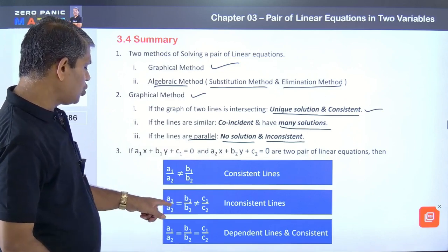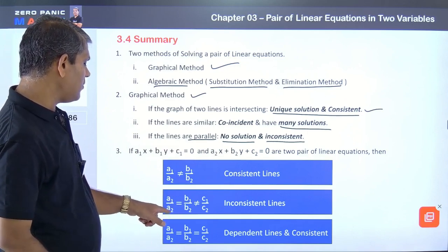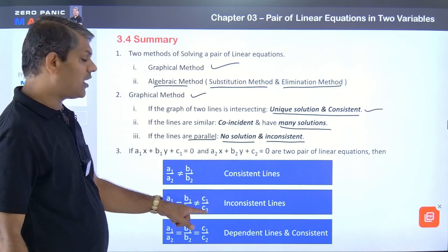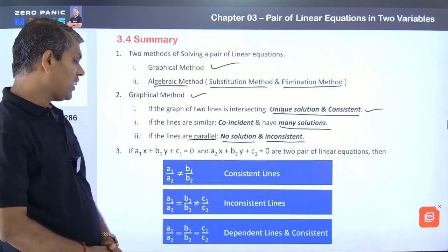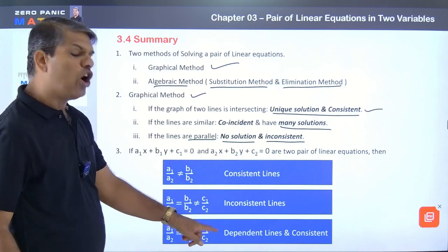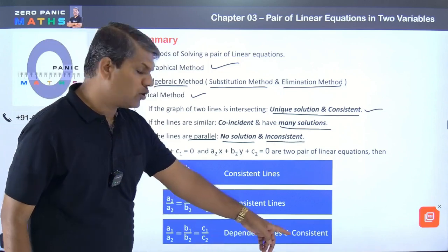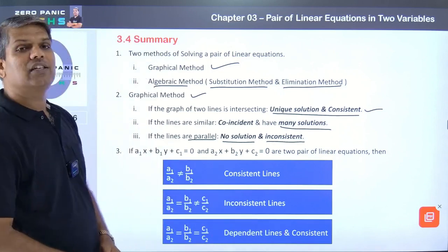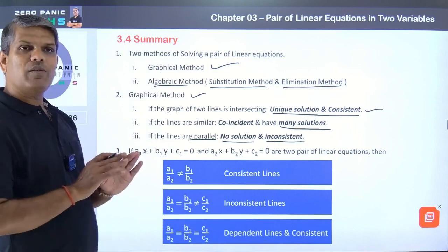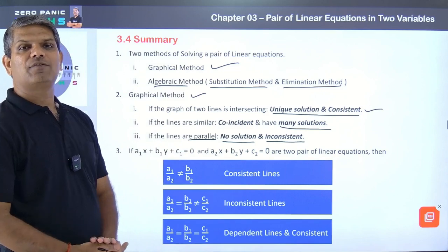And if the first two ratios a1 by a2 and b1 by b2 are equal, but not equal to the constant term ratio, then that is called inconsistent lines. And if all three ratios are equal, then those lines are dependent lines, and dependent lines are always consistent. So this completes the whole of chapter 3.